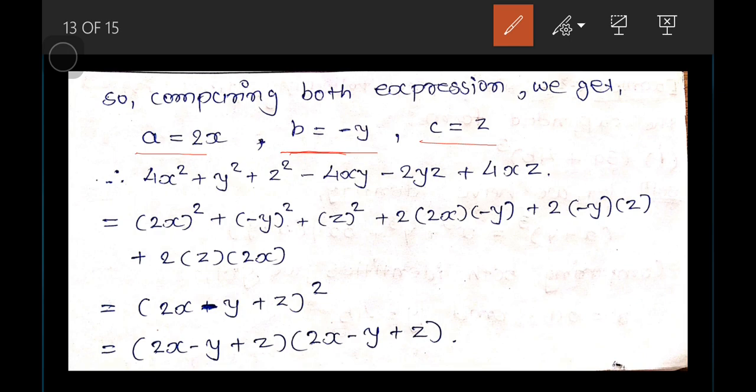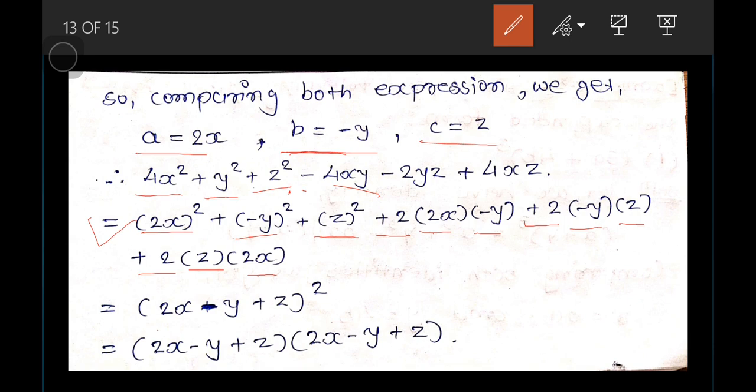Now we have a, b and c, so we convert this to the form (2x) square, (minus y) square, because b is equal to minus y, z square, and minus 4xy we can write as plus 2 into first and second, that is 2x and minus y, plus 2 into second and third, that is minus y and z, plus 2 into third and first, that is z into 2x. This is similar to identity number 5.